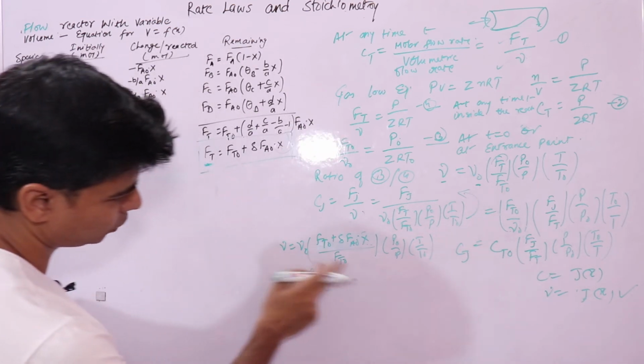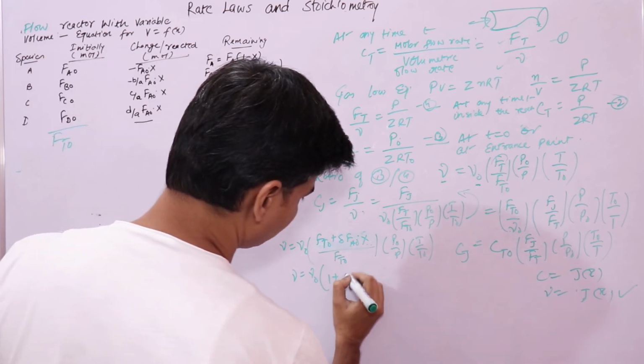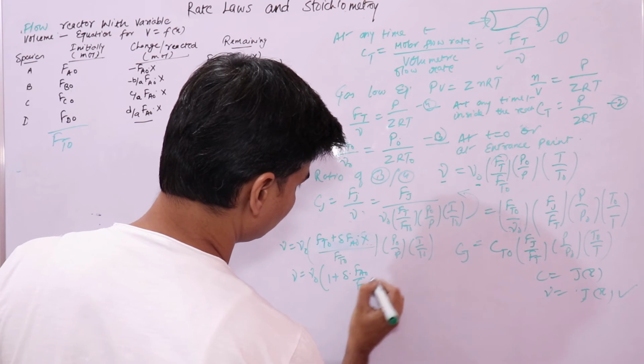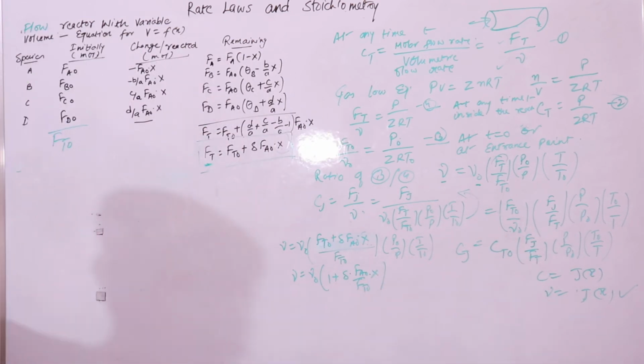If you solve this one, you have del Fa0 upon Ft0 dot x. Now, like we did before in batch reactors, what is this?